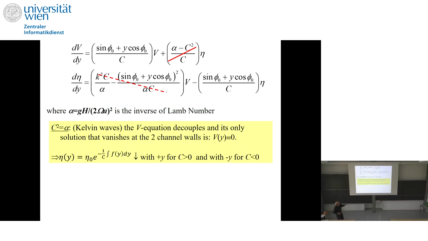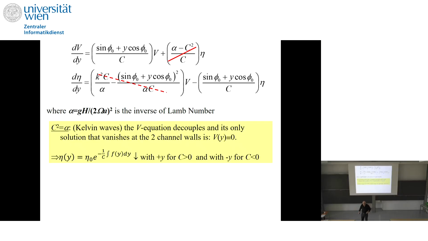When c squared is equal to alpha, this term drops. It equals 0. And if this term drops, then we are left with this equation, but V has to satisfy two boundary conditions. But the solution of a first order equation will never satisfy two boundary conditions.